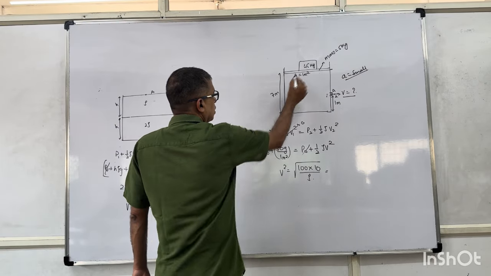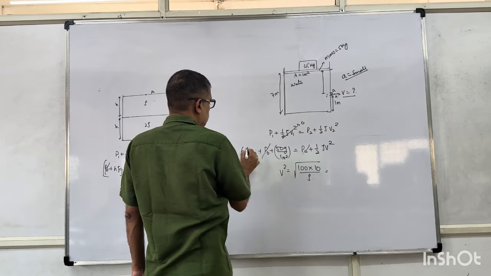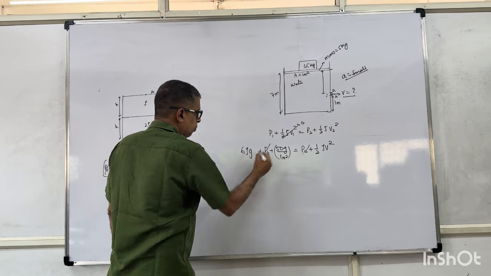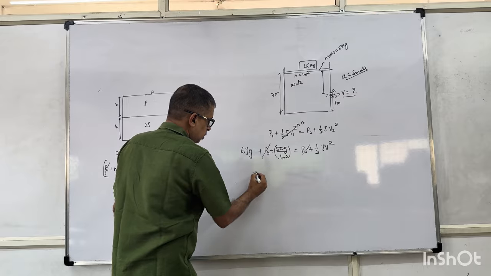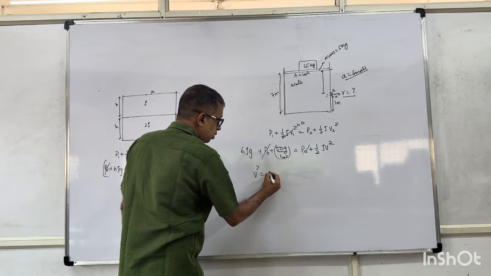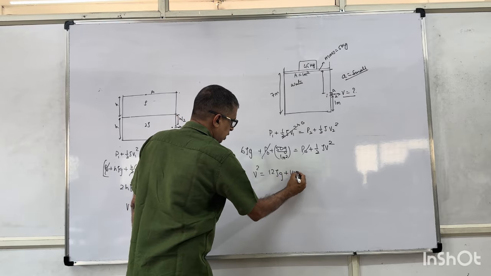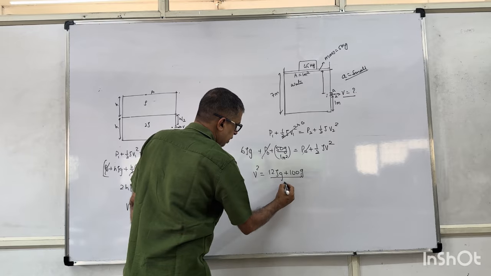Right? Plus, how much is this height? 6 rho g. My bad. So now P naught goes, rho will exist, V square is equal to 12 rho g plus 100 g by rho.